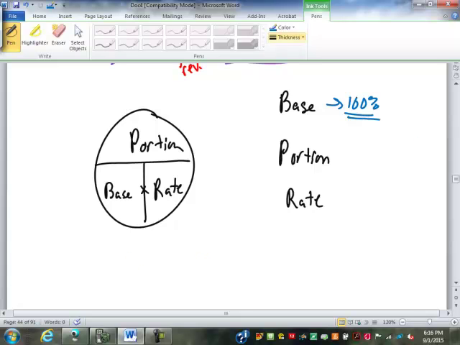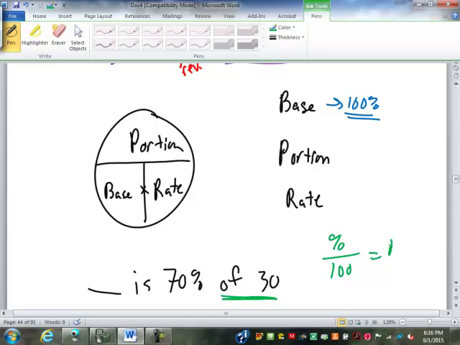So if we had, I'm just going to throw a simple word problem out here. Blank is 70% of 30. Of 30 is the out of. If we're looking at our percent proportion here, percent over 100, the portion is this top number on the other side, and the base is the bottom number on the other side.